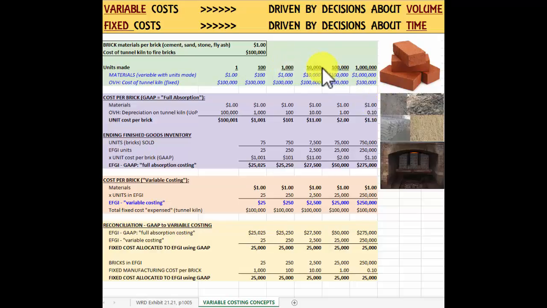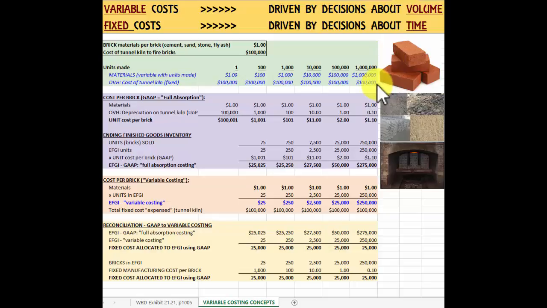But as we take the units produced and divide it into the fixed cost for manufacturing, $100,000, which stays the same regardless of the number of units we make, the fixed cost per unit decreases with the increase in the number of units that are produced, so that the total unit manufacturing cost will decrease as the volume increases.